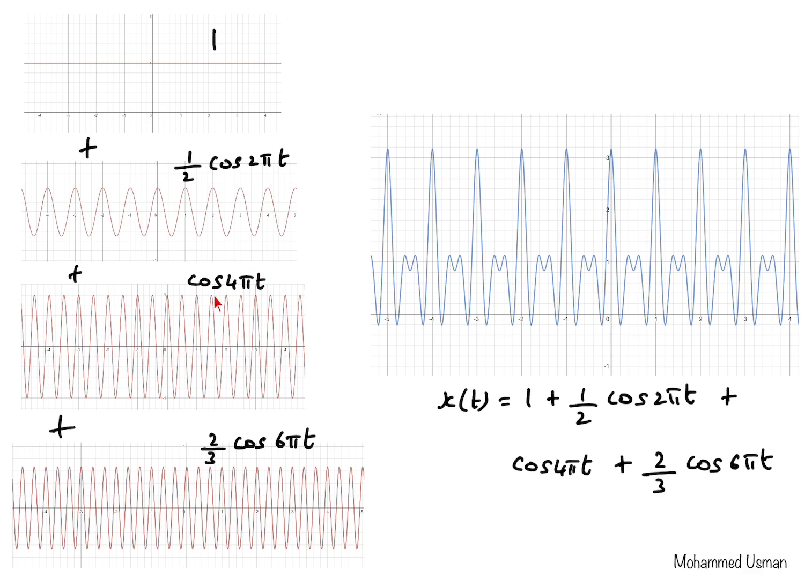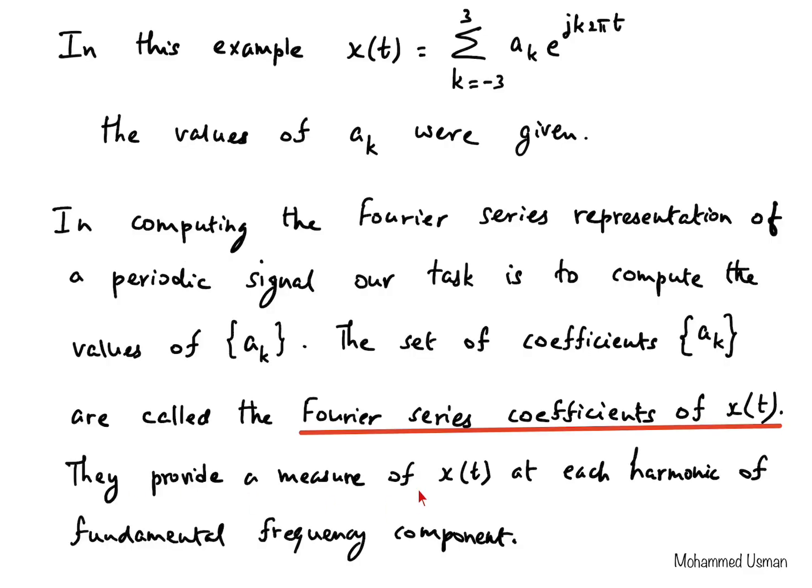The frequency component of 4 pi has a contribution of 1 volt towards the overall signal, and so on. So the Fourier coefficients tell us the measure of each of the harmonic components that are present in the signal x of t. And the aks are basically our Fourier series coefficients, which we have to compute. Of course, how to compute that, we will come to later. But you need to understand first of all what they represent.